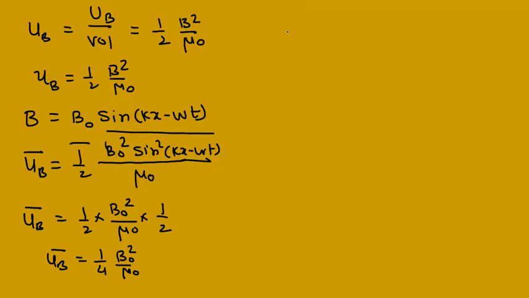Thus, the total energy U will be equal to UE plus UB. Now, every time we might not use the words energy density, we will simply say energy, and it is understood that since we are discussing electromagnetic waves, we will be talking about energy density.